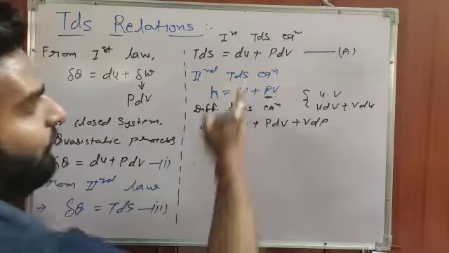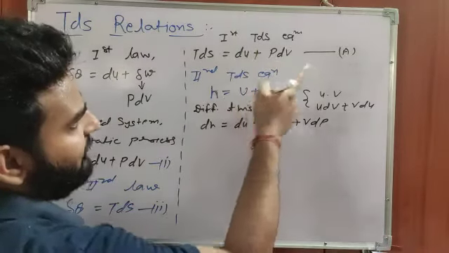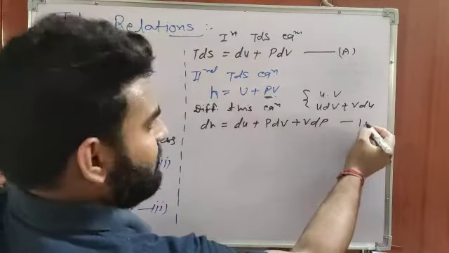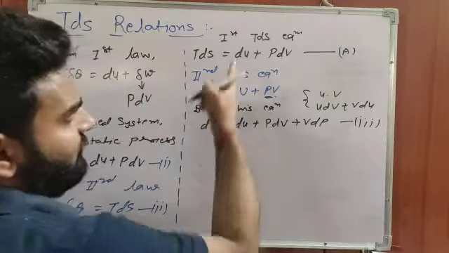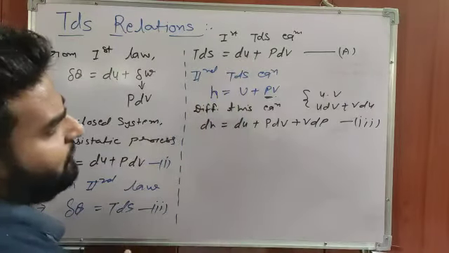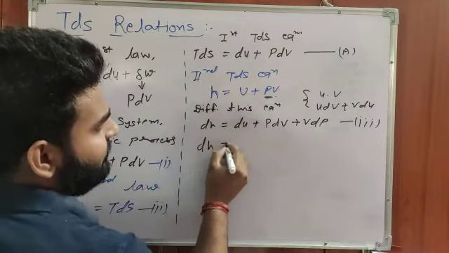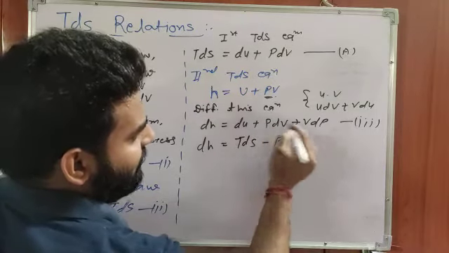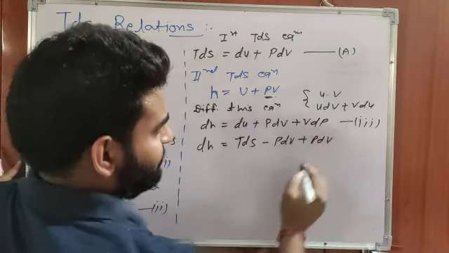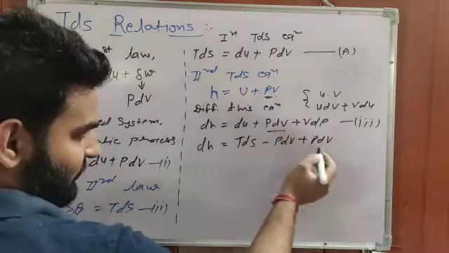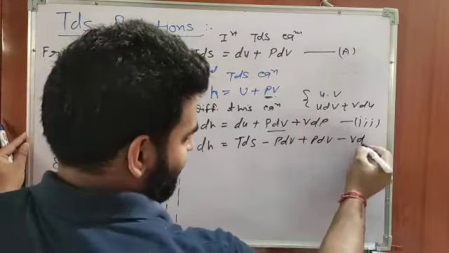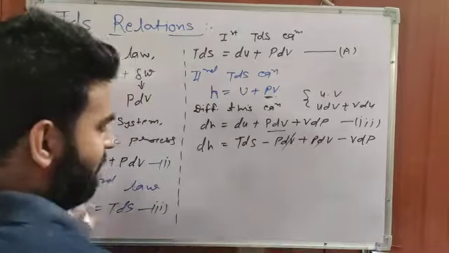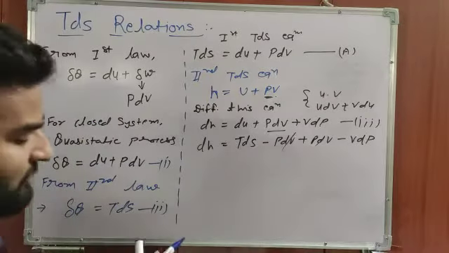Now from equation A, we can write the value of dU in the third equation. dU is equal to TdS minus P dV, so write it here: dH is equal to TdS minus P dV plus P dV plus V dP. Now P dV is cancelled out.